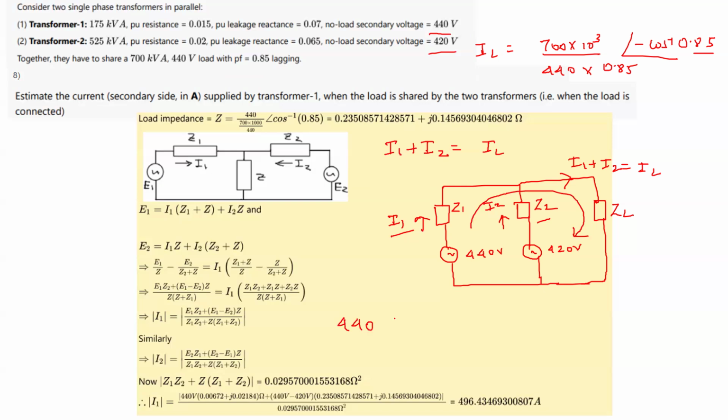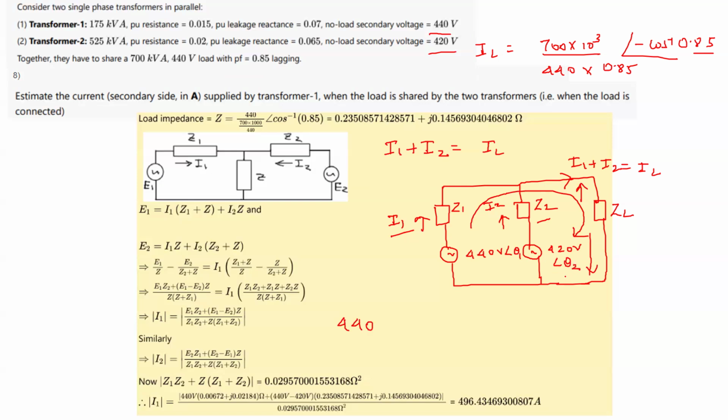The thing is, if you see this 440 volt, if we take it at angle 0, this is the tricky part. If we take this 440 volt at angle 0 across this load, then this will come out to be 440 angle theta 1, 420 angle theta 2, like this.